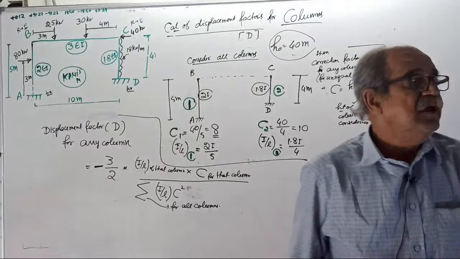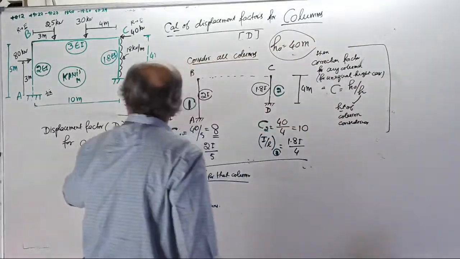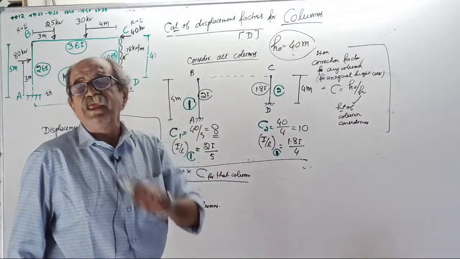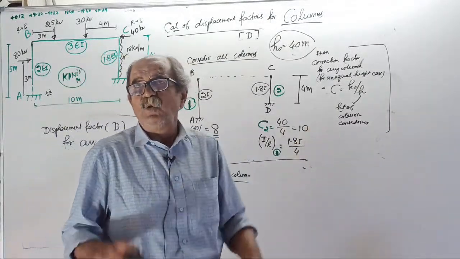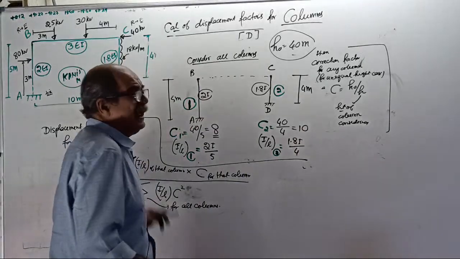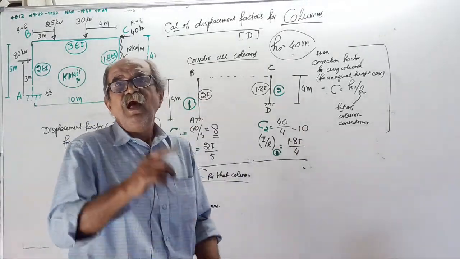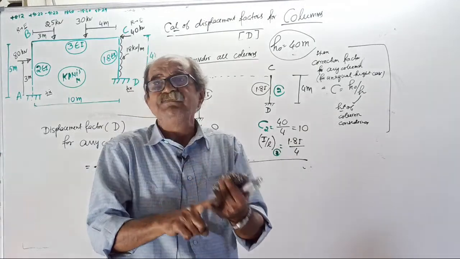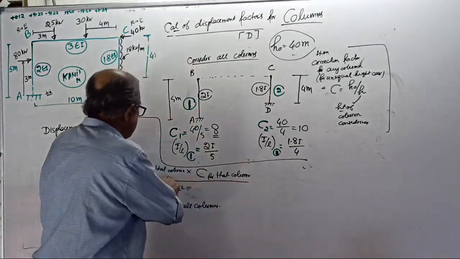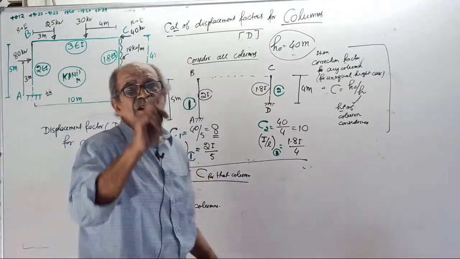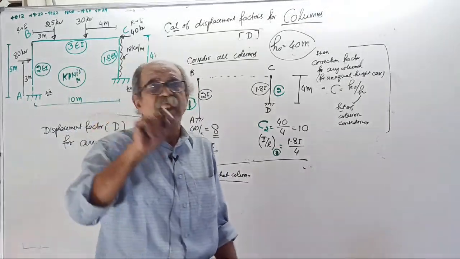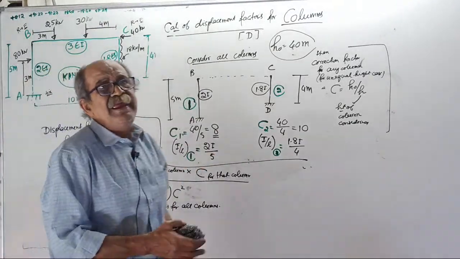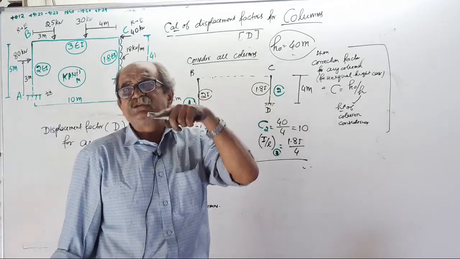Same way, displacement factor D for any column of a particular story equals minus 3 by 2 into, instead of K, I by L of that column into the correction factor for that column due to unequal height, divided by summation of I by L and correction factor square.